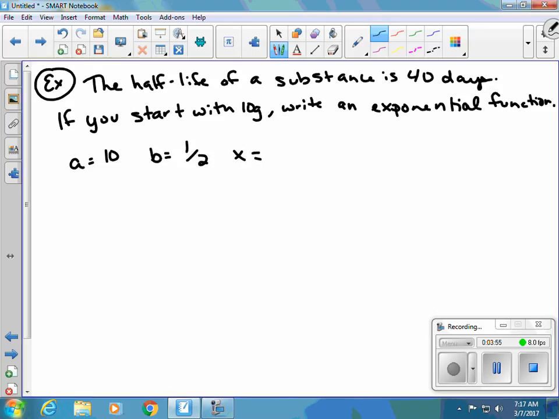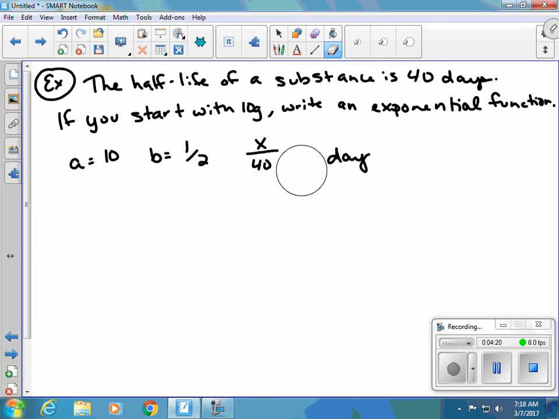Our X value is kind of like when we had our exponential growth equation. We have 40 days. So this means that the X is really divided by 40, and this represents 1 day, because we're dividing it by 40.